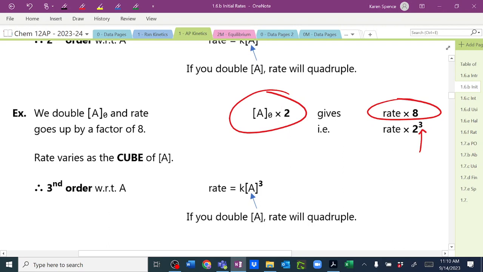Why would we not get third order very often? Possibly, but it also has to do with collisions.